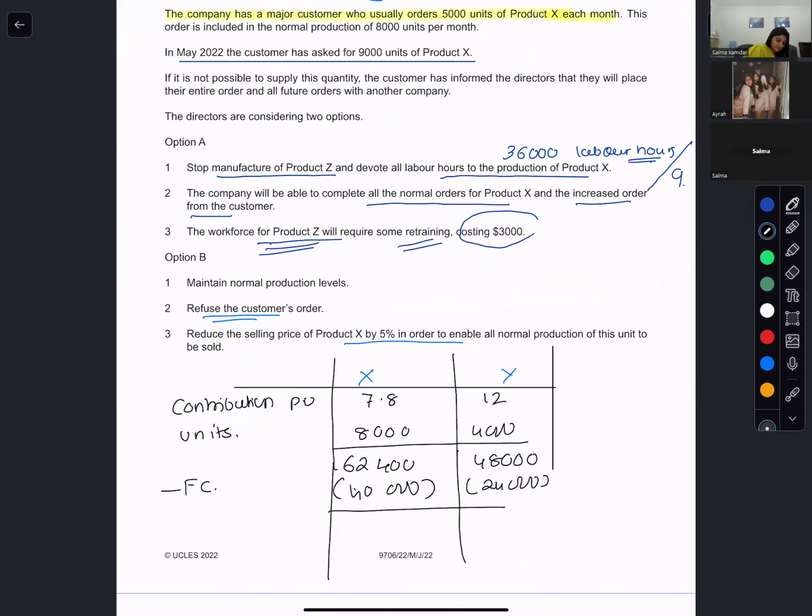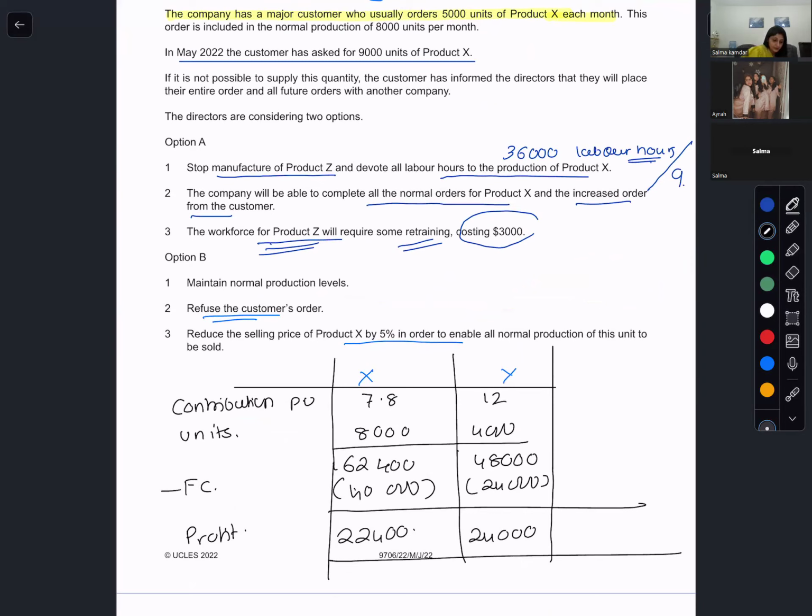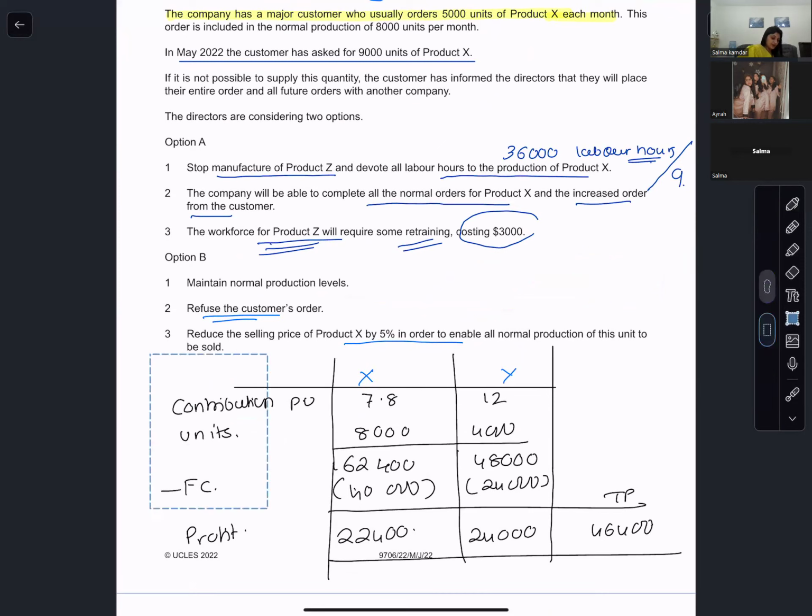Profit: 22,400 and 24,000. Total profit, 46,400. So as per option B, you're getting more profit.